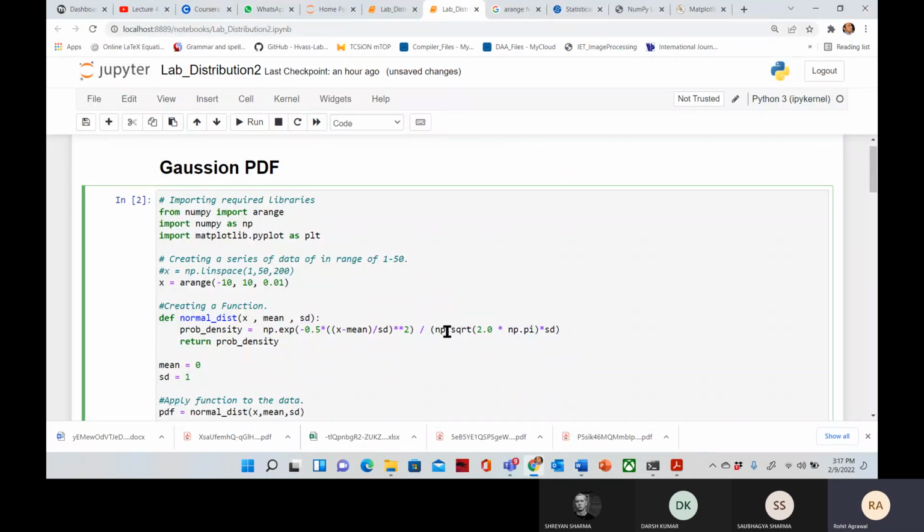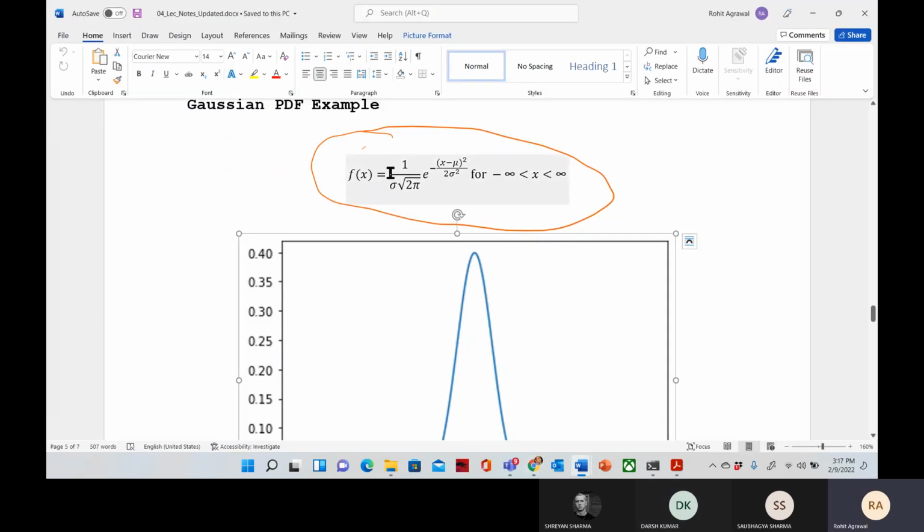So the denominator is np.sqrt(2 pi) into sigma. Clear? This part is the denominator.